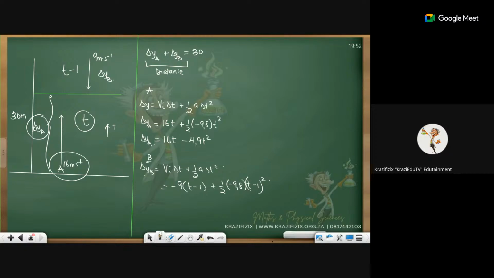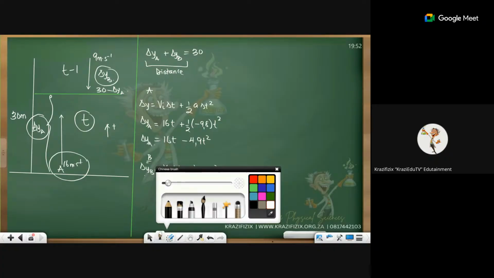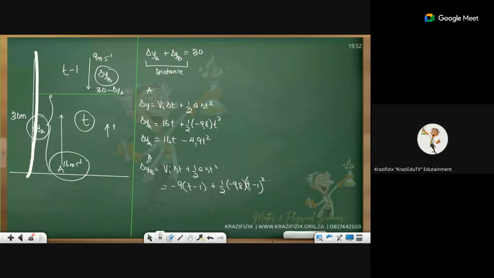Now, what is the delta Y of B? Are you aware that this is 30 minus the delta Y of A? We agree? So it's not delta Y minus the delta Y. I'm going to change it. Guys, are we agreeing that this is 30? This is delta Y of A, if we subtract. However, this guy is coming down, and we chose upward as positive.